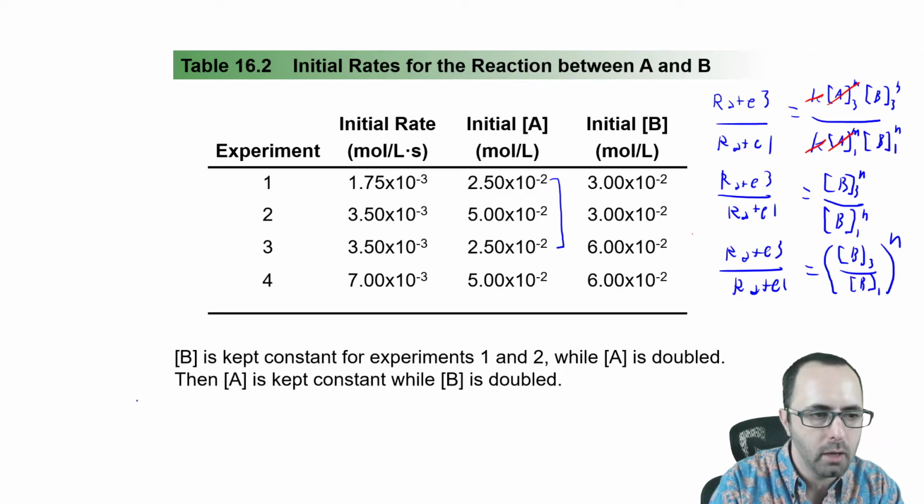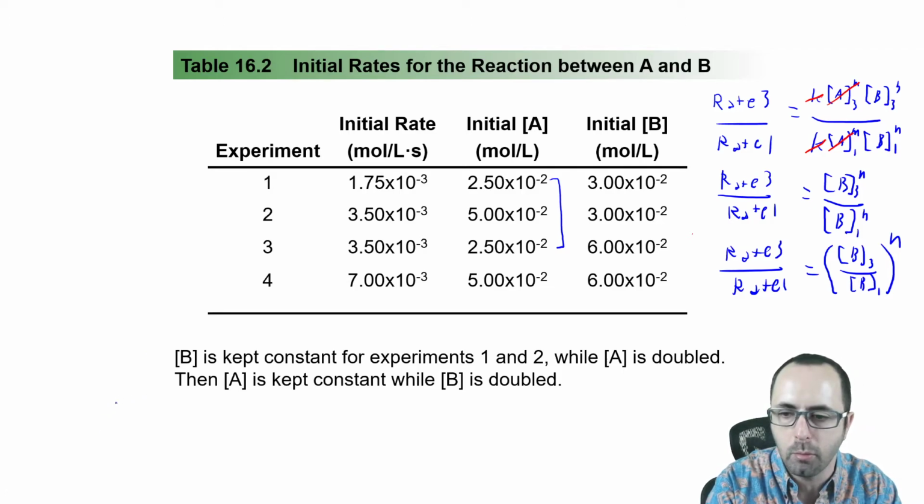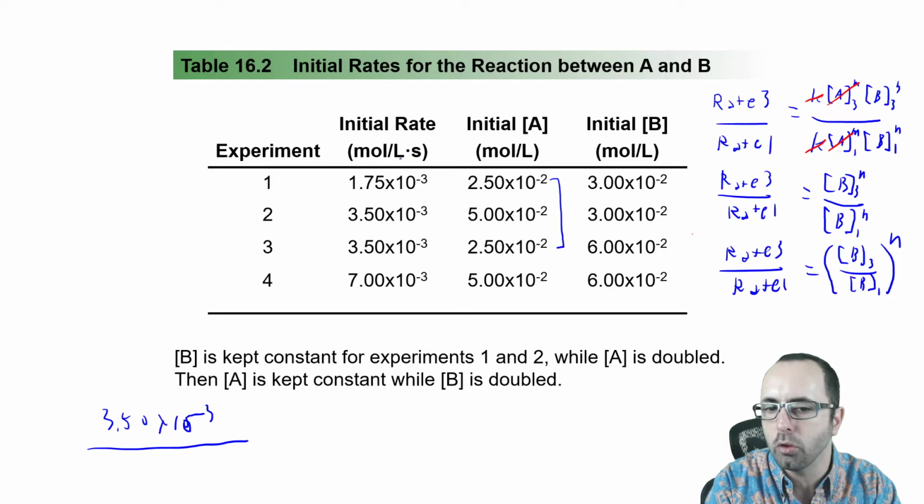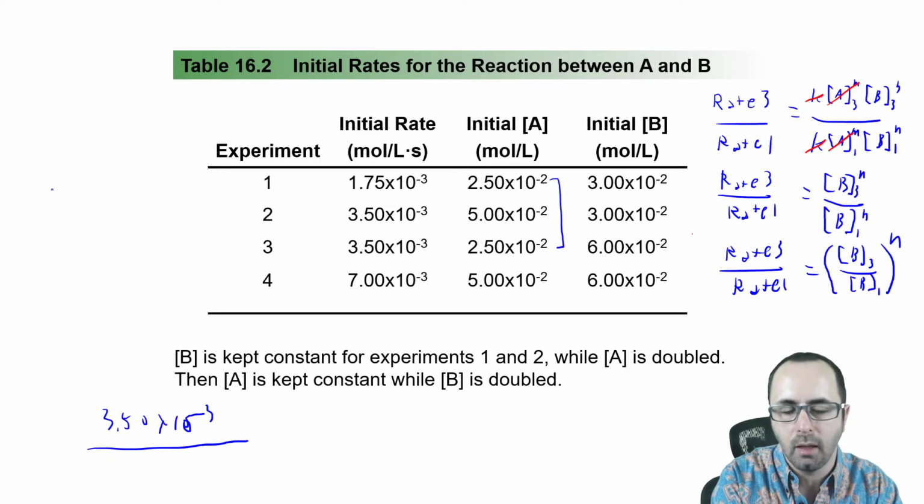So I'm going to do the remainder down here since I'm running out of room above my head. I'm going to plug in rate 3, which is 3.50 times 10 to the minus 3 moles per liter second. I'm just going to show you the way I prefer to write this.